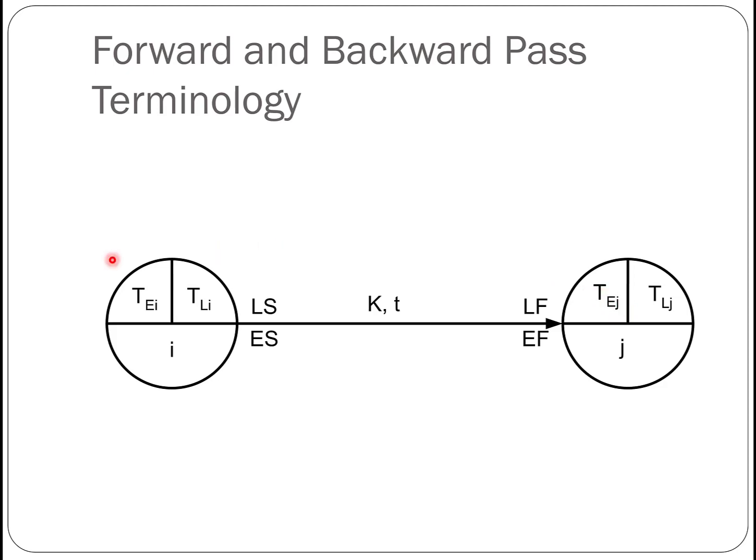And because this event here at the beginning represents the beginning of activity K, this late time and early time here represent the latest time to start K and the earliest time to start K.